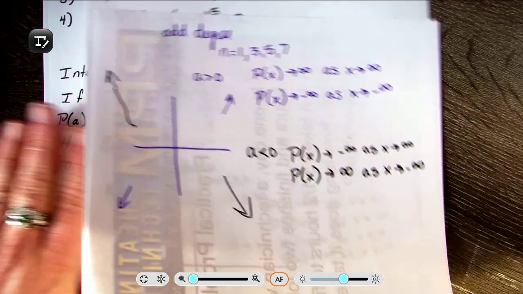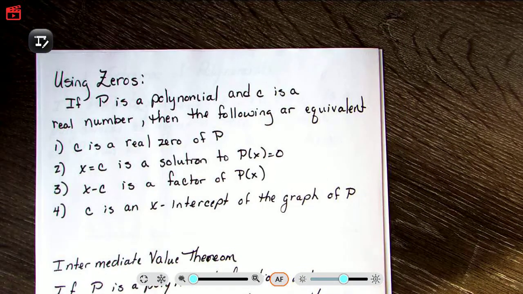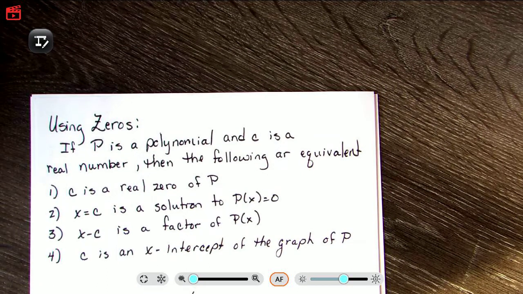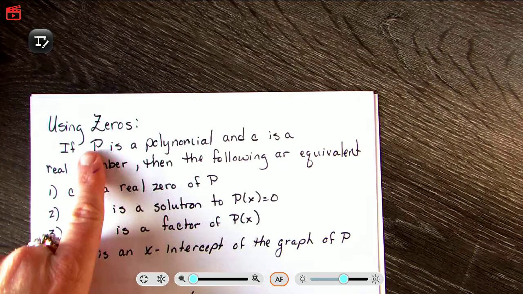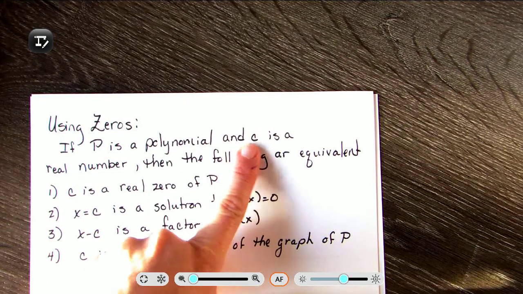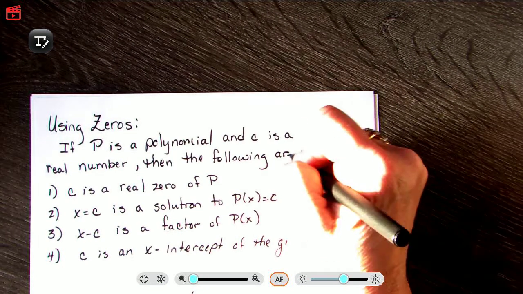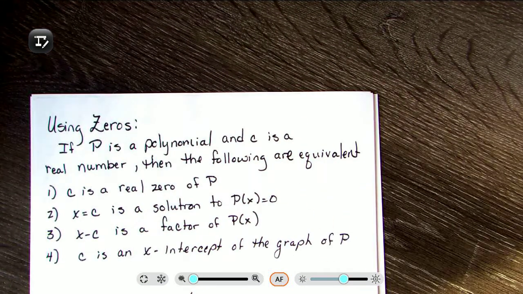All right, some more information about polynomials. First of all, just some language that we're going to be seeing and how we discuss zeros. So a polynomial P is a polynomial, and we have some C, some real number. The following statements say the same thing in just different words.